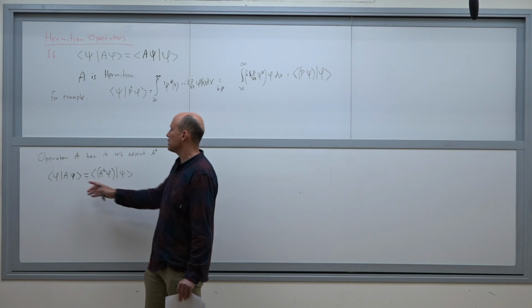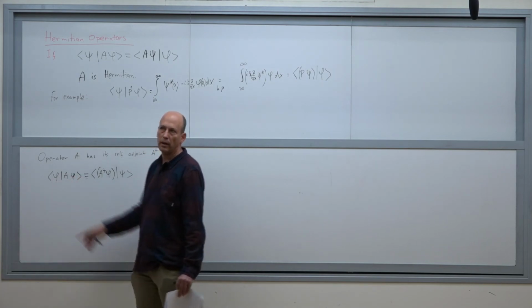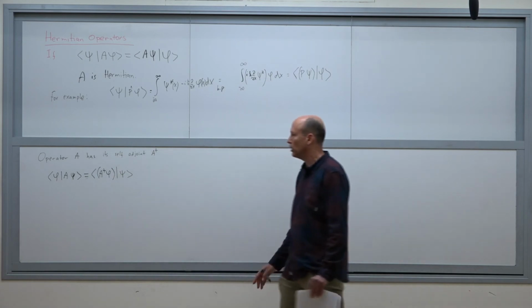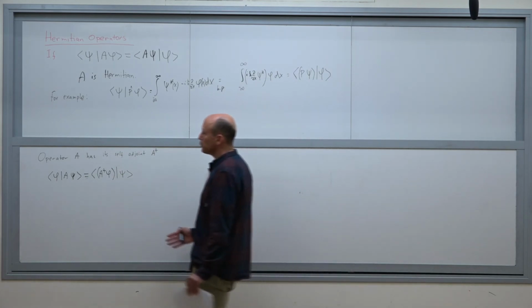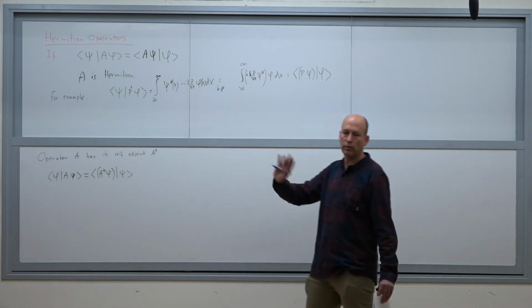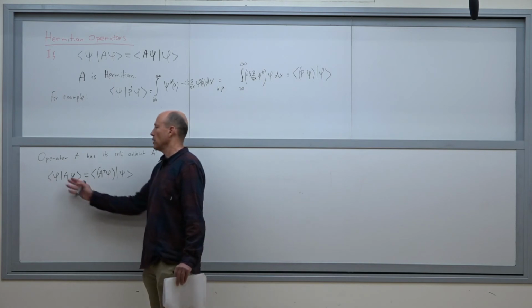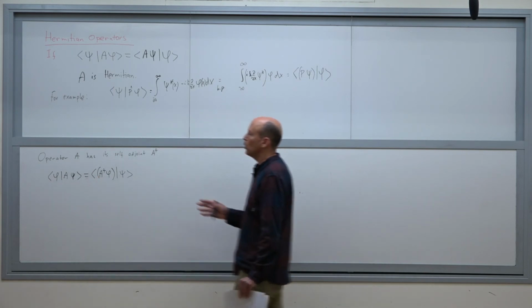So sometimes it's more convenient, instead of operating on psi, to operate on the other guy. For some reason, for example, you would like to do that. And then, generally speaking, A and A dagger are not the same thing, of course. They can be very different. They are two objects, but you can look for this operator.